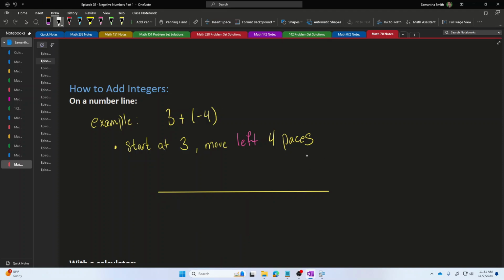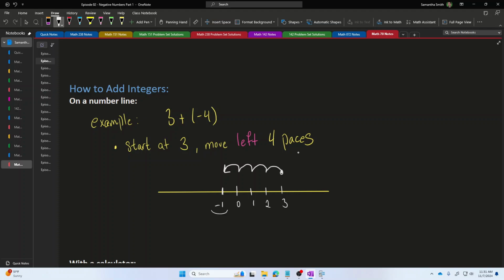So for example, if I draw my number line, here is 0, and a little bit in the positive direction is 3. If I go and start at 3 and move 1, 2, 3, 4 paces to the left, then I end up at the location of -1.